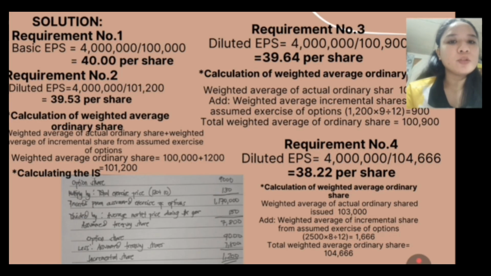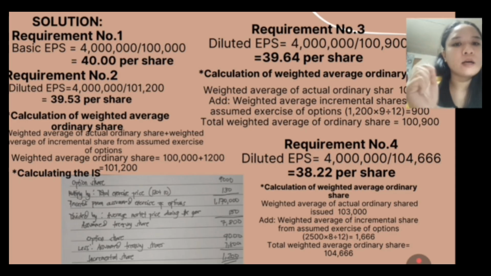To calculate the incremental shares, we multiply the option shares by the total exercise price, which is 120. To get the total exercise price, we add 120 plus 10, so 130. So 9,000 times 130 is equal to 1,170,000. That is the proceeds from assumed exercise of options.